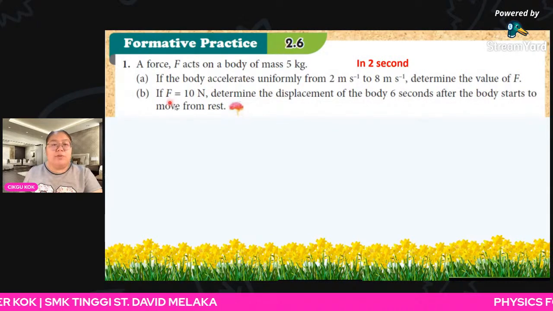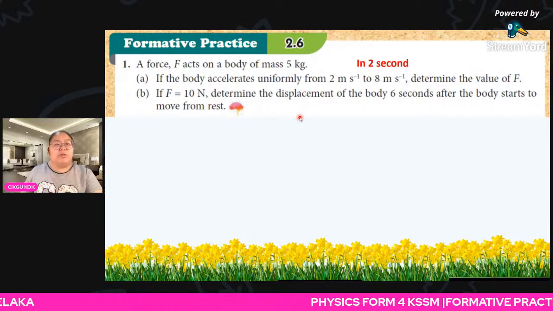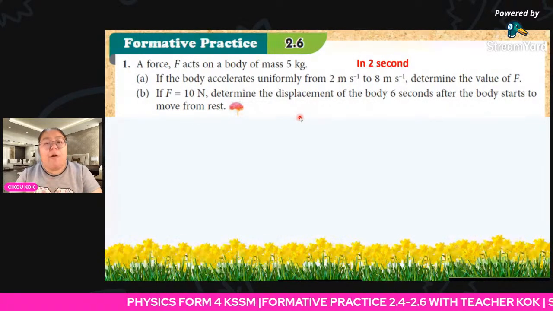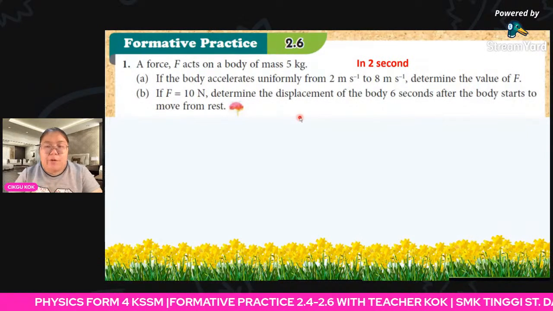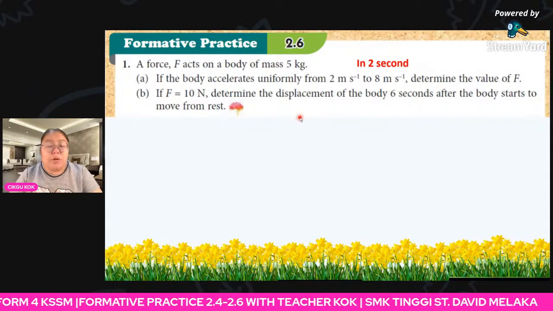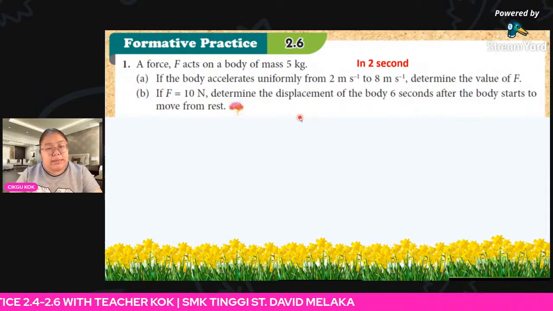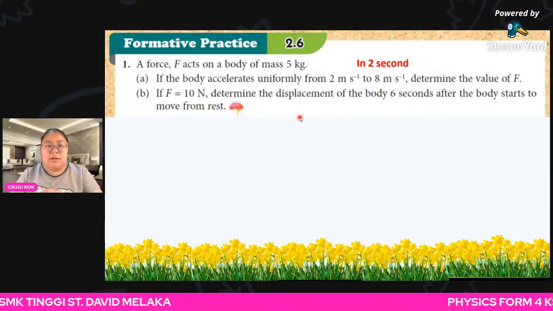So from here, we know the F is 10 Newton. From this situation, you want to find displacement, so we must use the 4 equations. Remember the 4 equations we learned in chapter 2.1, linear motion. We need to apply that formula to find the displacement.